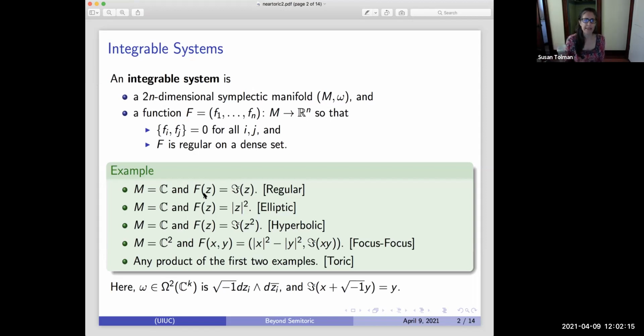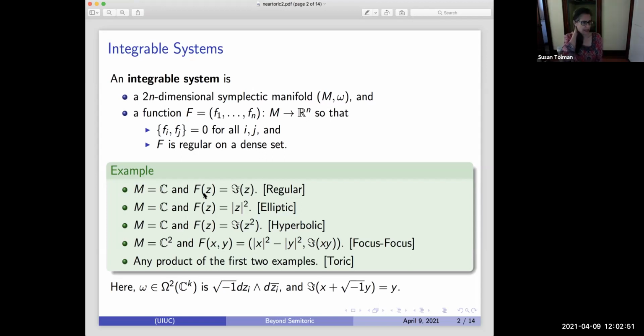And we can let M equal C^2, and F of (x, y), the first component could be the norm of x squared minus the norm of y squared, and the second component could be the imaginary part of x y bar. That is called focus-focus. We can also take any product of the first two examples, and in particular I want to focus on the case of products of the first two examples and call that toric.